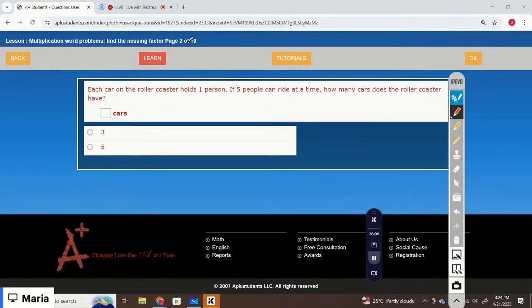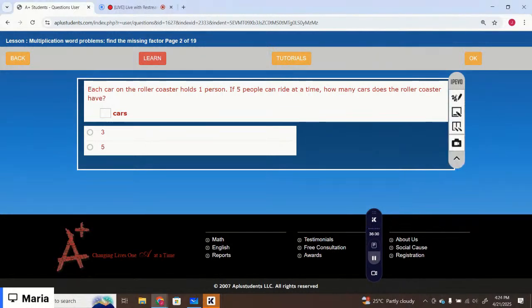So how many cars do we need? That means five cars we needed, right? Option number two is the correct option.